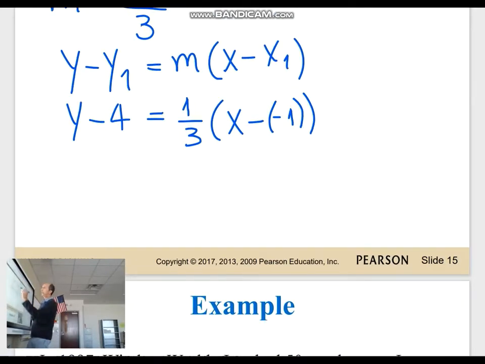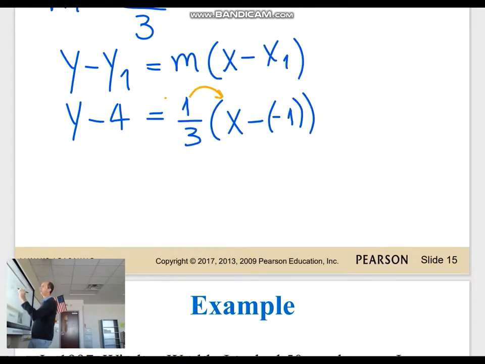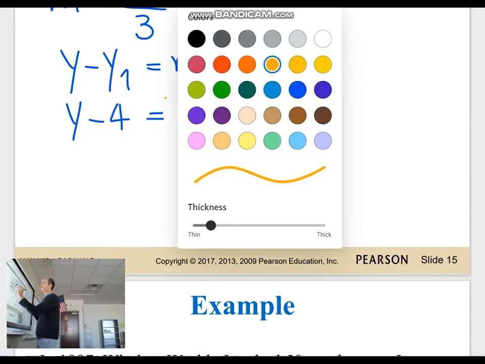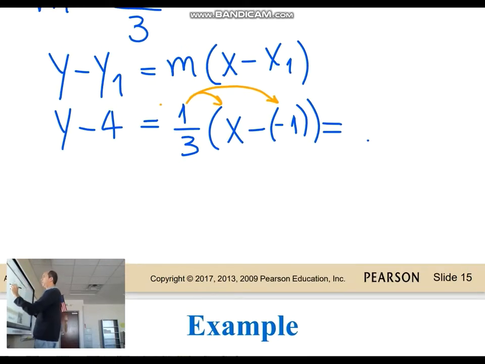We can apply the distributive property here, and then this equals 1/3 of x, negative with negative is positive, plus 1 over 3.